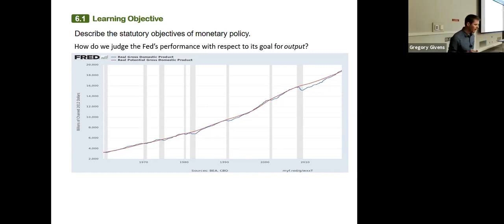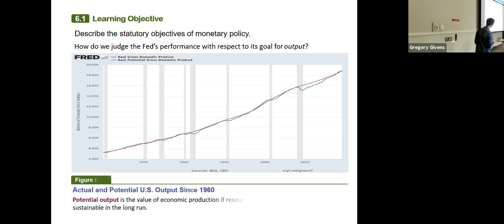Now, economists fortunately have developed a concept known as potential output that measures this purely hypothetical level of output over time, okay? Potential output, you can basically think of this as the value of an economy's production, or GDP, if all of our resources were being utilized at a high but sustainable rate in the long run.